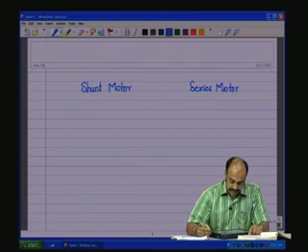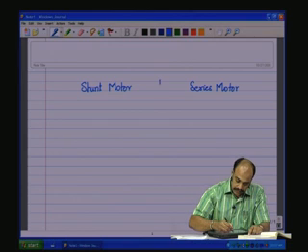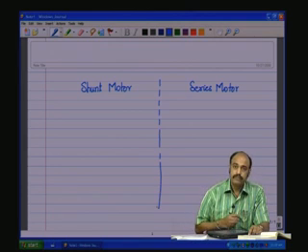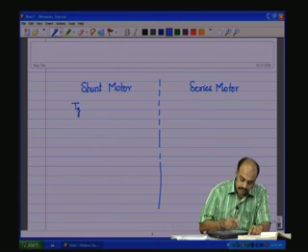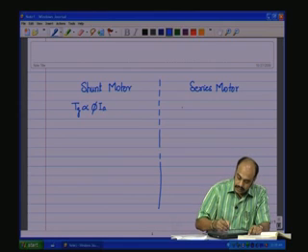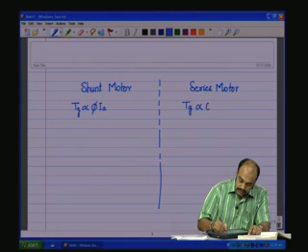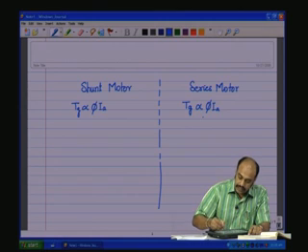If you look at the shunt motor, the generated torque Tg is proportional to the flux, or the excitation, into Ia. In the case of the series motor, the generated torque Tg is proportional to the flux into Ia, but the flux itself is proportional to Ia, and therefore you have it proportional to Ia square.